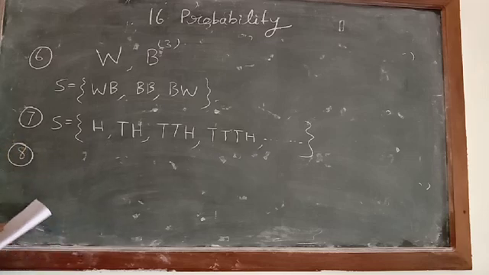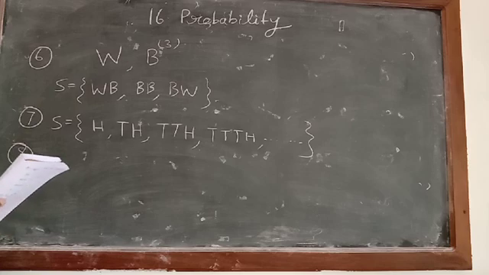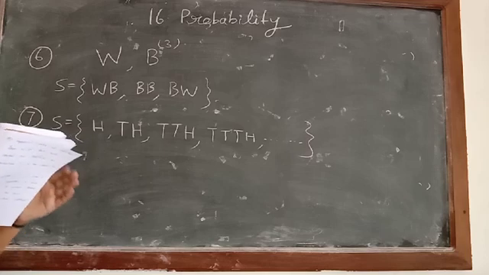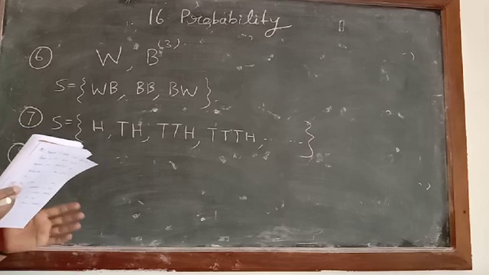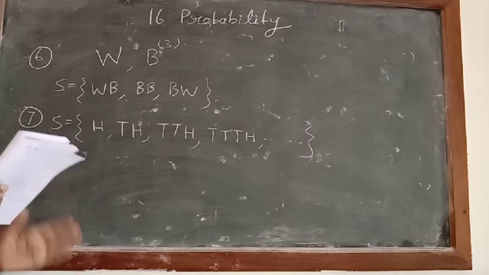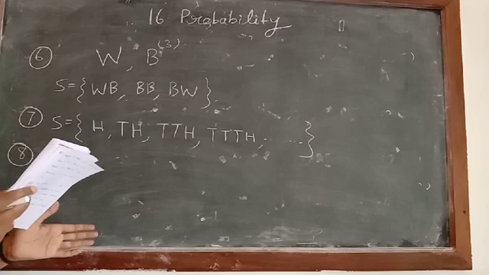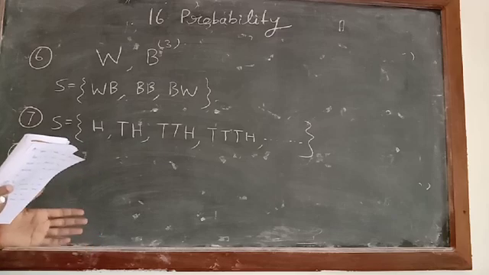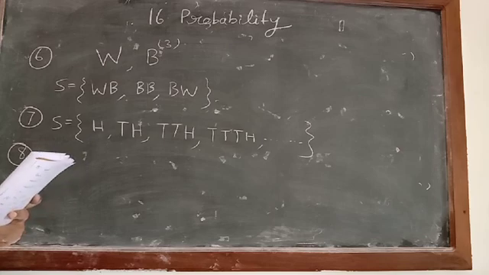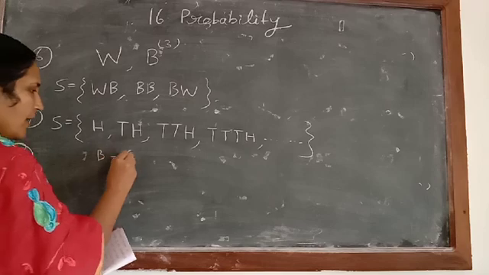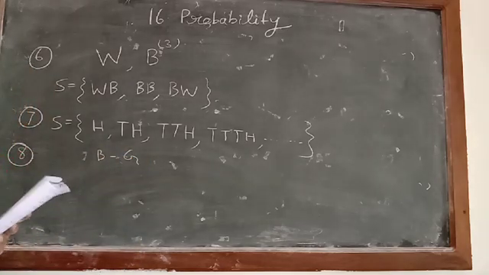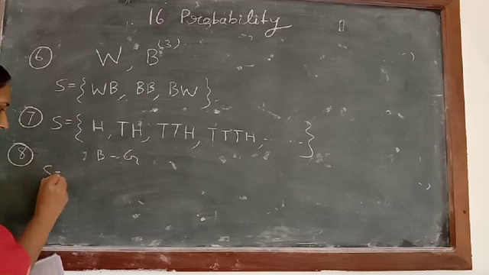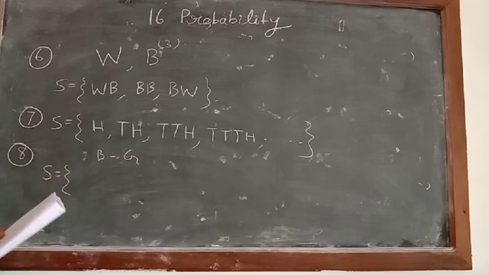In question number 8 it is written, an experiment consists of recording boy-girl composition of families with 2 children. What is the sample space if we are interested in knowing whether it is a boy or girl in the order of their birth? So if 2 children are there, how we can write down the sample space for that?